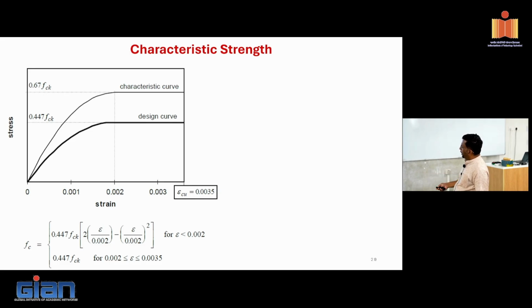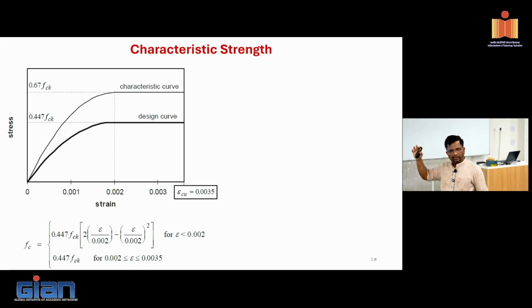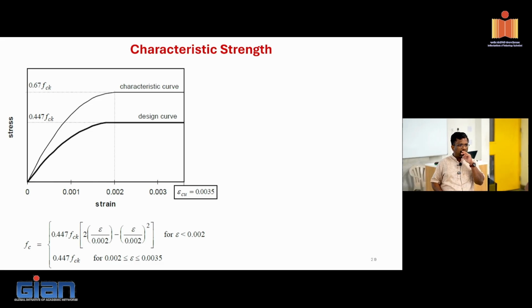Now again, strictly this is valid only for low strength concrete. But the purpose of the code is to keep things simple so that design engineers don't make mistakes. So the code says let me keep it the same even for concrete strength up to 60 megapascal. So these factors are valid for high performance concrete.